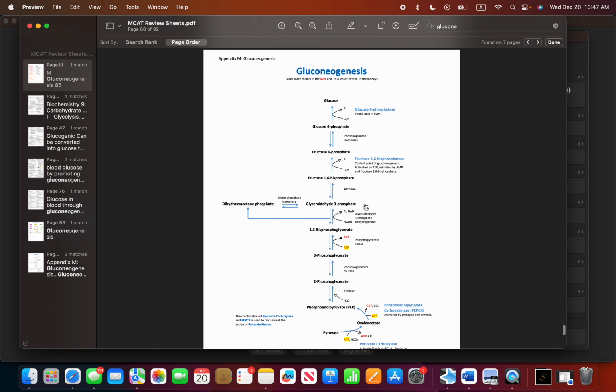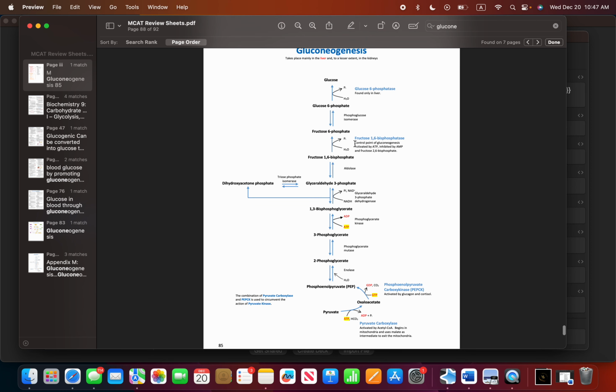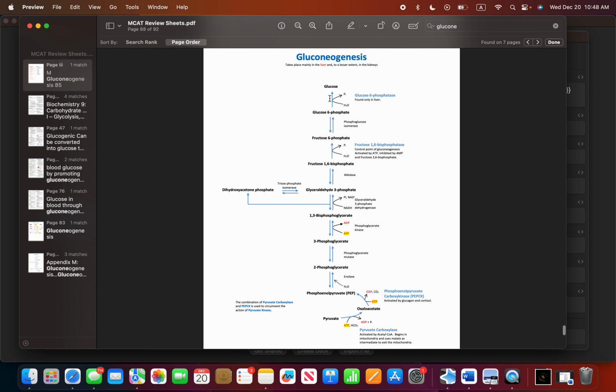Gluconeogenesis, perfect. So this is the chain for gluconeogenesis. We need to know all these things, but we'll have it. Cool. So you can see that you're making glucose.